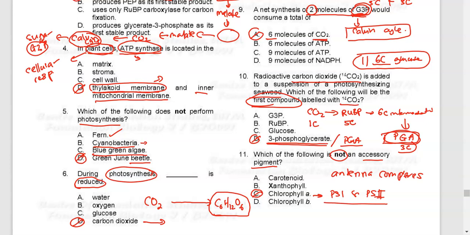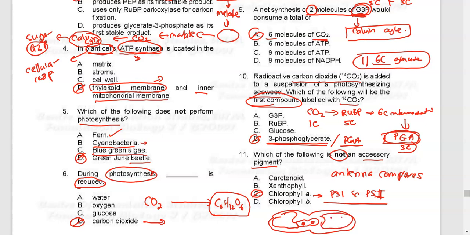For example, this is a photosystem, photosystem 1 or photosystem 2. At the center here, we have a reaction center that has a special pair of chlorophyll A, and the rest of this region is also known as antenna complexes.